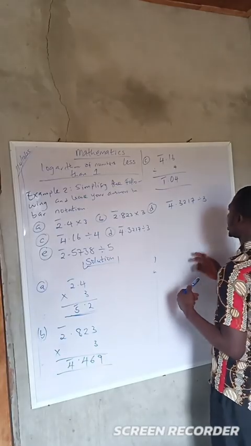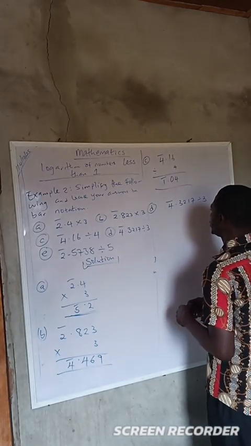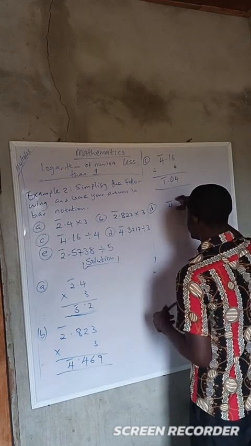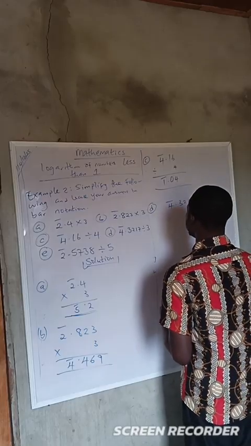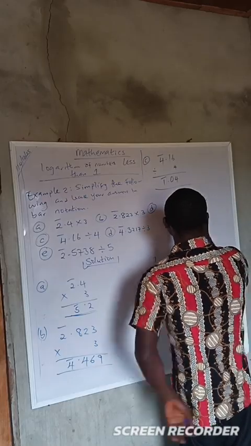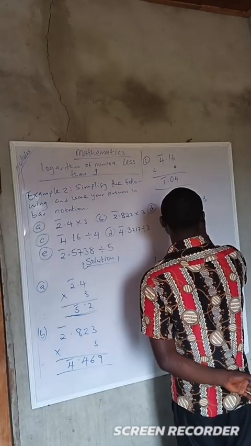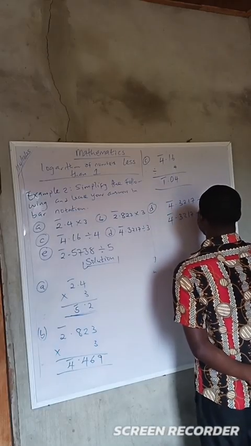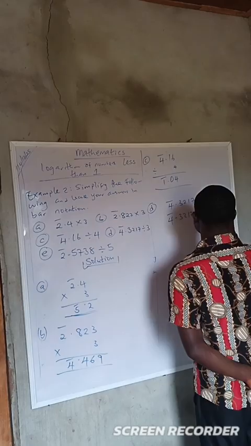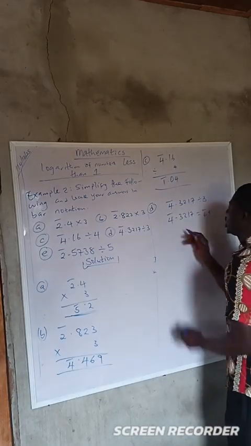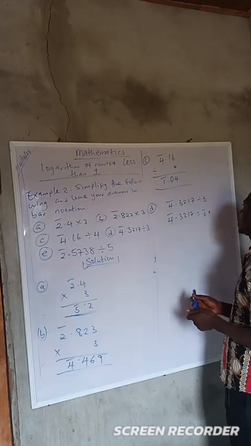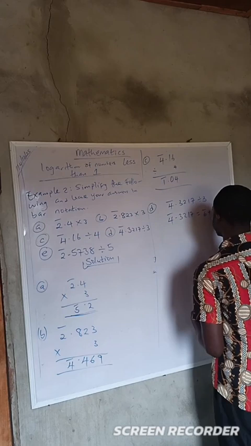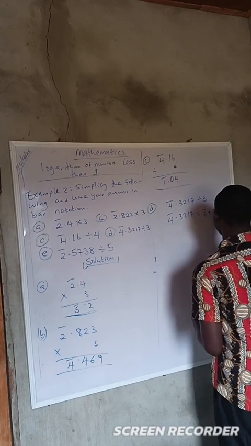It is 6. Then we are going to replace this number in the form of bar 6. So we say that bar 4.3217 is the same thing as bar 6 plus, what can you add to this bar 6 to make it exactly bar 4? It is 2. Then you have plus 2.3217.